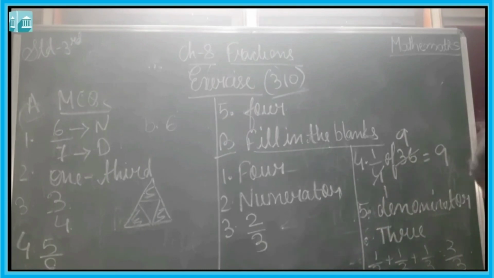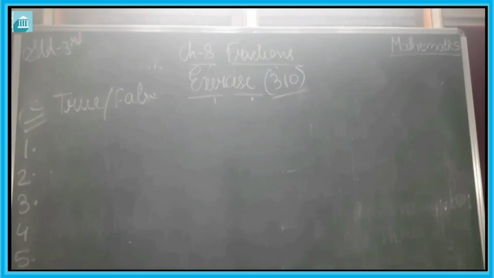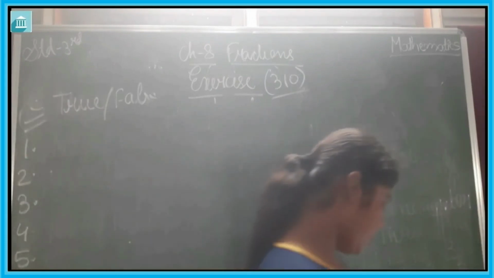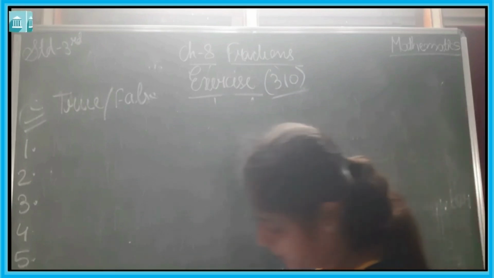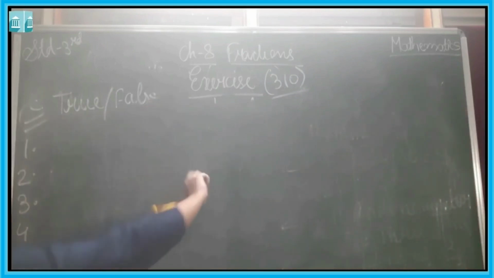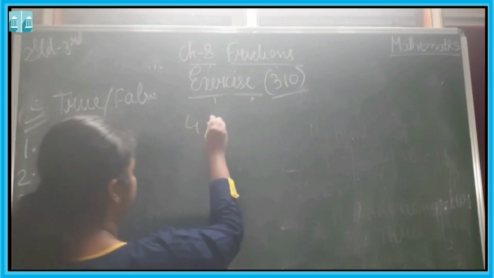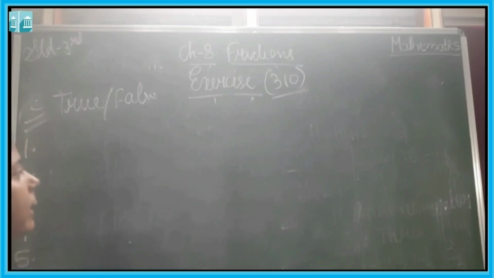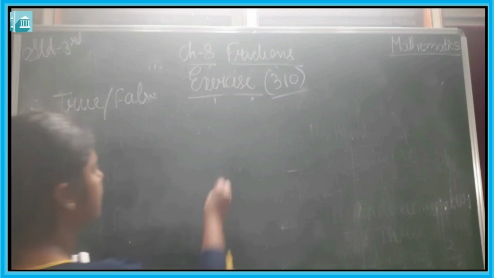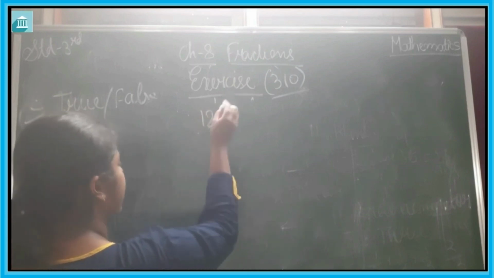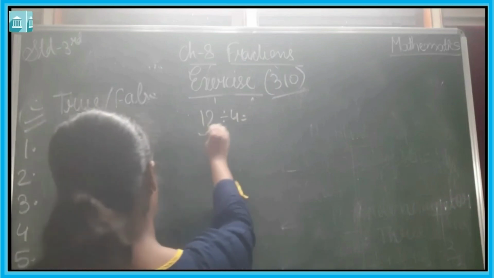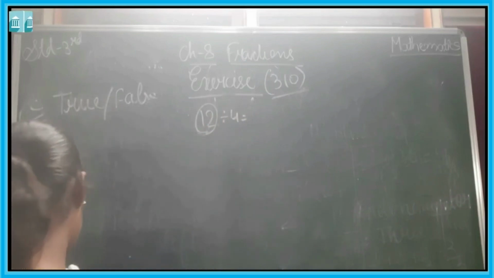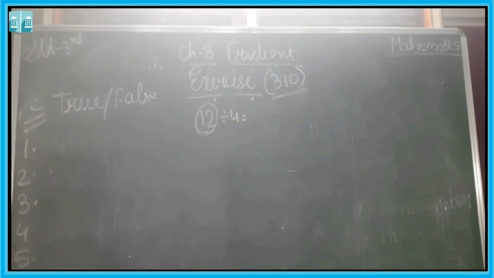Now the next one, true false. The first one, to put a collection in 4 equal parts, we divide the total number by 4. Yes, अगर हमें 4 parts में रखना है तो हम क्या करेंगे? Divide by 4. Suppose we have 12 and we have to divide it by 4. The total part we have is 12, but we divide the total number by 4.